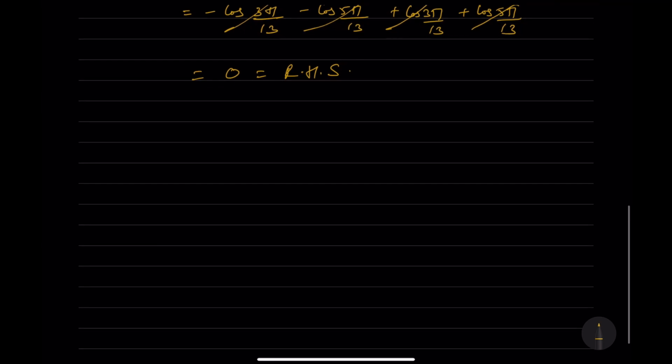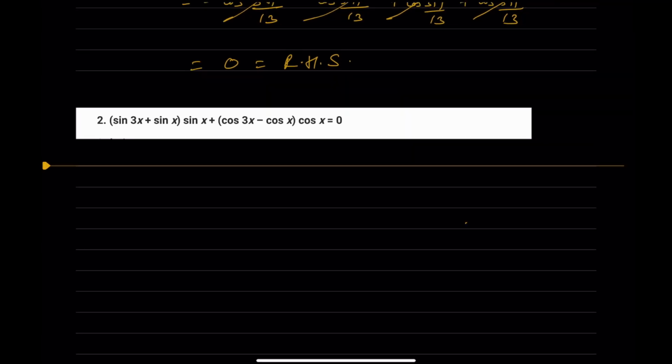So now going into the second problem, prove that sin 3x plus sin x into sin x plus cos 3x minus cos x into cos x is equal to 0. So in the solution part, we'll go into the LHS. What is the LHS? We'll see.